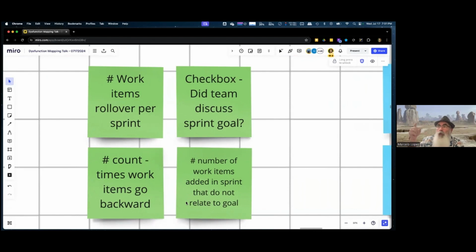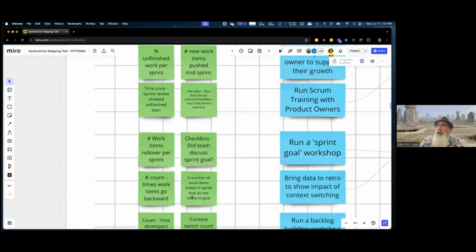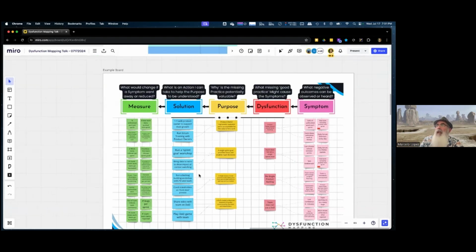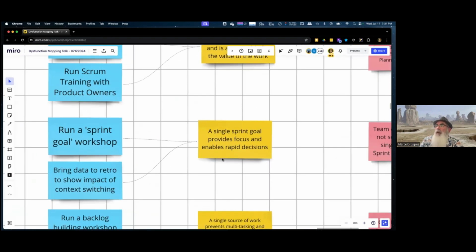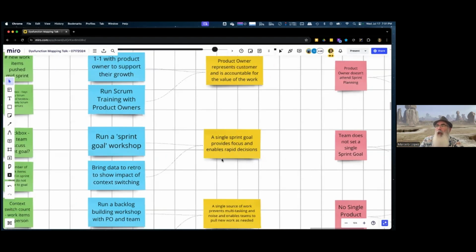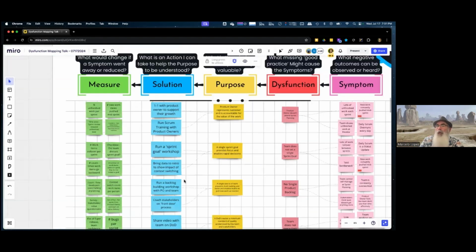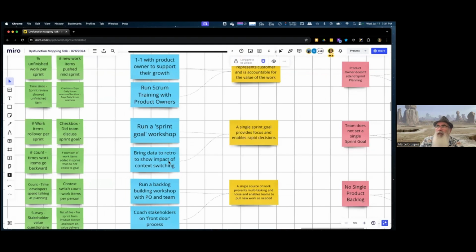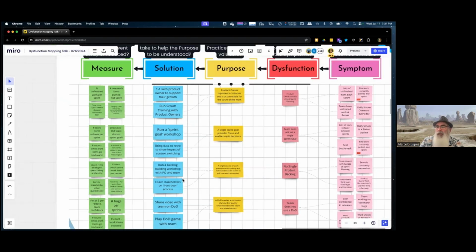Or if you've got one of those funky Kanban boards where something has to go backwards, how many times has it gone back and forth between the developers and the QA people? And then last but not least, because Anu is tired of having to track it, how many new things are coming into Jira? I'm looking at you, sprint backlog, and then count them. And that's how we'll see if having a single sprint goal, the way that we're doing it, is helping or not. If that goal workshop was effective enough, if having the team assess their own data was effective enough.